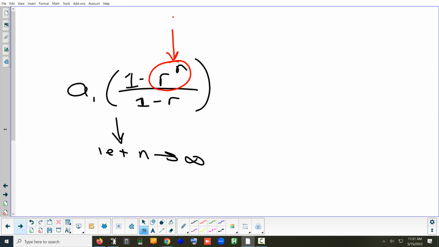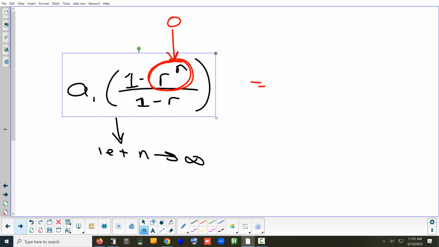It approaches 0. Take 0.5 and raise it to the 100th power, it's basically 0. So as n approaches infinity, this basically doesn't matter. We don't need it because it turns into 0. So if that turned into 0, what would that leave me with for a formula?